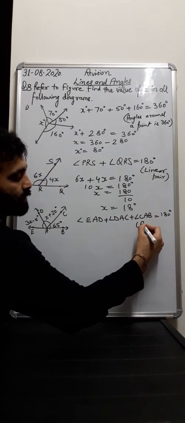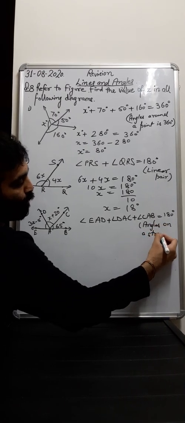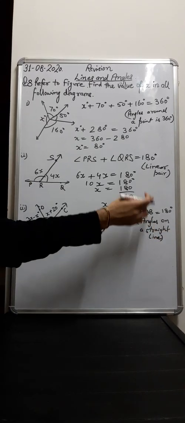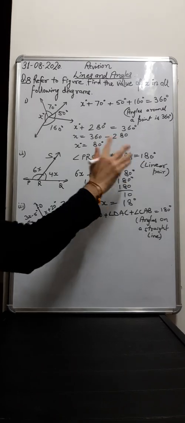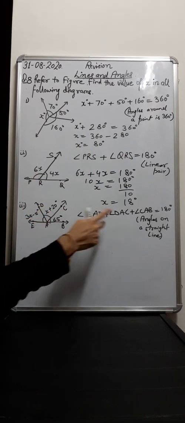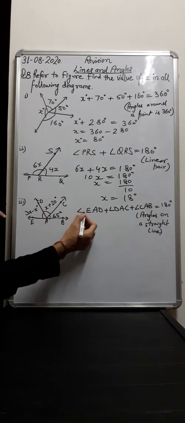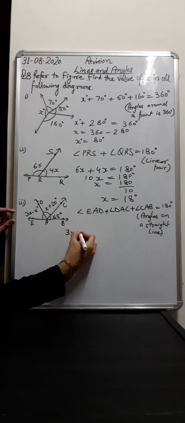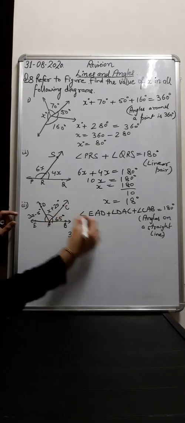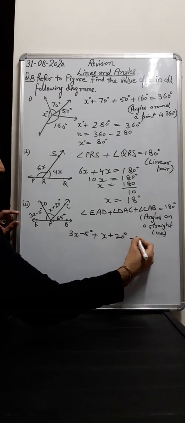That is angles on a straight line. Why haven't we taken the reason as linear pair? Because in a linear pair there are only 2 angles, but whenever there are more than 2 angles, you have to take the reason angles on a straight line, and their sum is always 180 degrees.